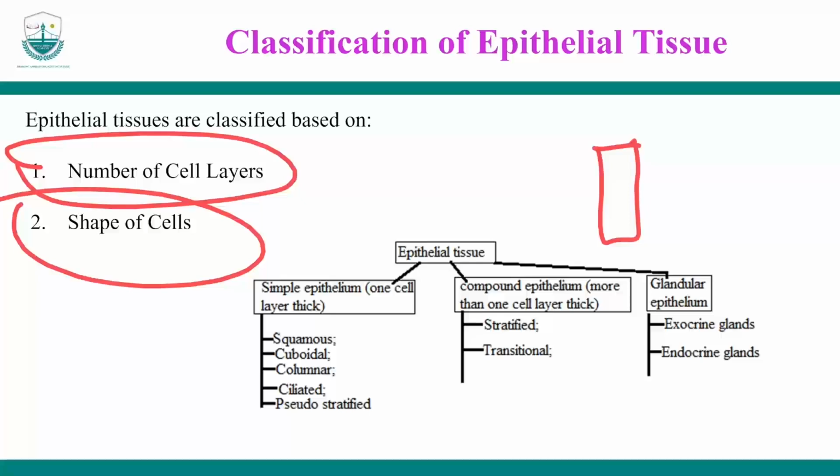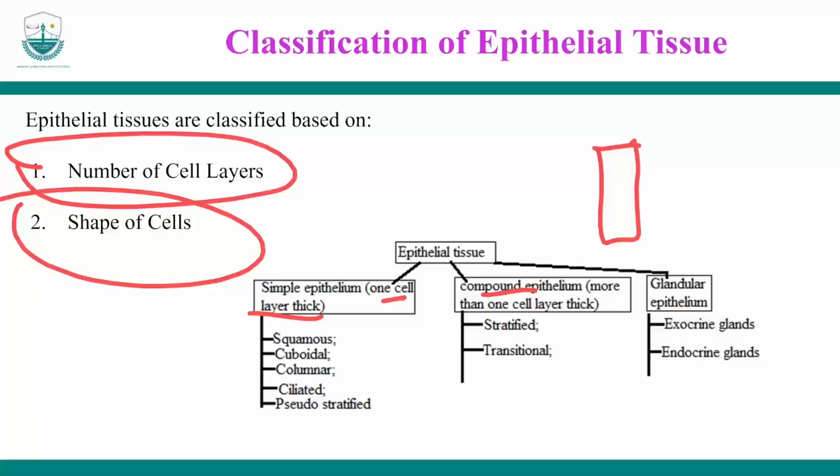This categorization we are looking at here classifies epithelial tissues into three categories. Simple epithelium, which is characterized by a single layer. That's the key point there. Simple epithelium, single layer. And then compound epithelium, more than one layer thick.